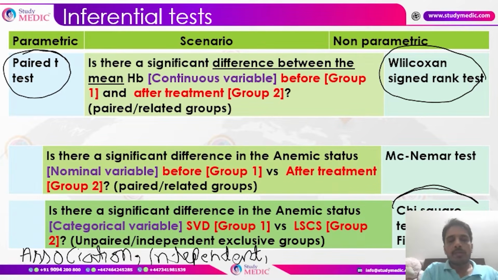Here we are trying to find out whether anemic status is associated with the type of delivery, spontaneous vaginal or LSCS, or whether it is independent of it. So in such cases, to find out the association between two categorical variables, we use the chi-square test.